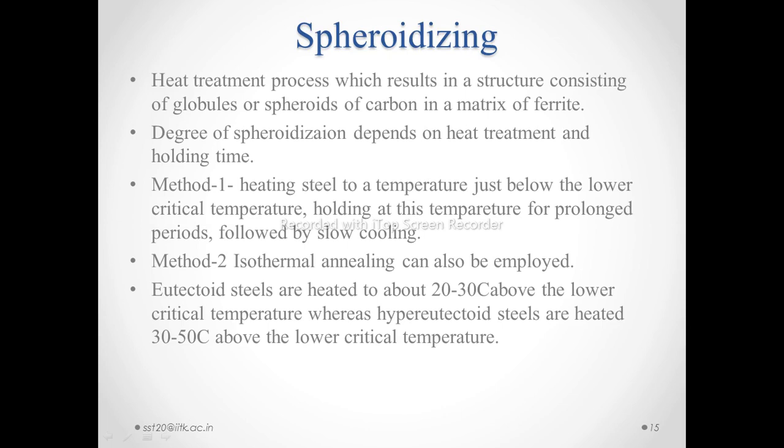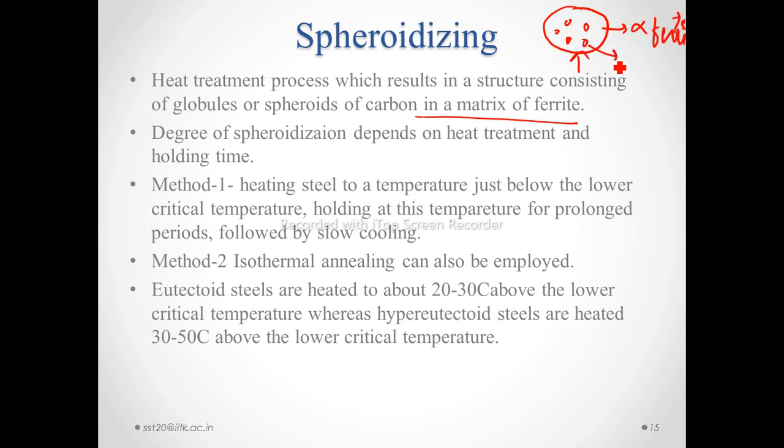First we jump into the spheroidization heat treatment process. This spheroidization heat treatment process results in a structure consisting of globular or spheroid carbides in a matrix of ferrite. The final microstructure looks like globules of carbides in alpha ferrite.